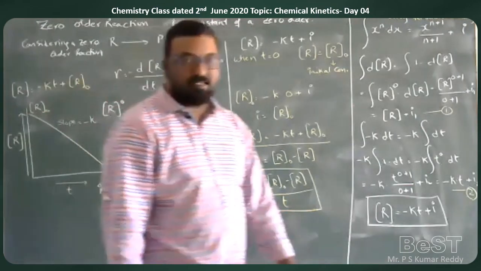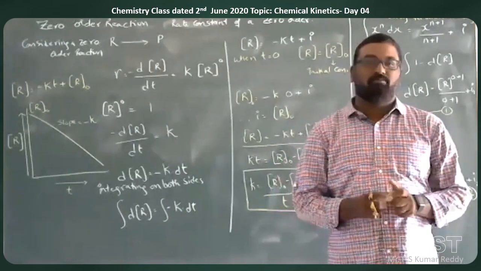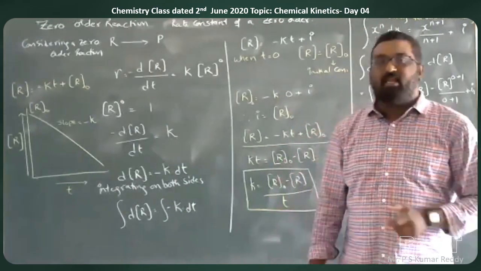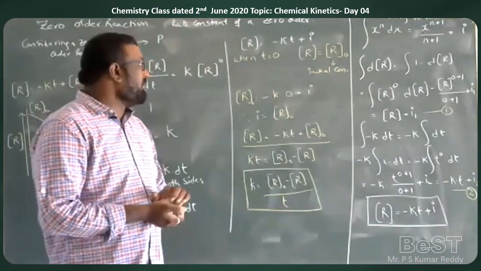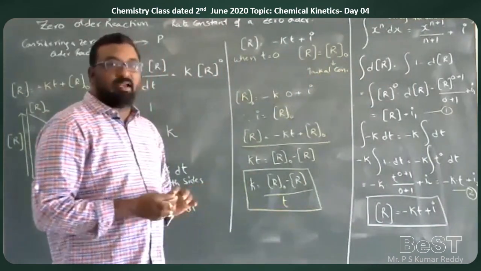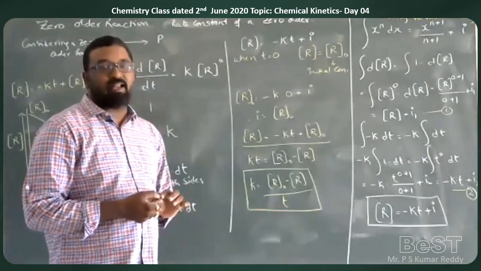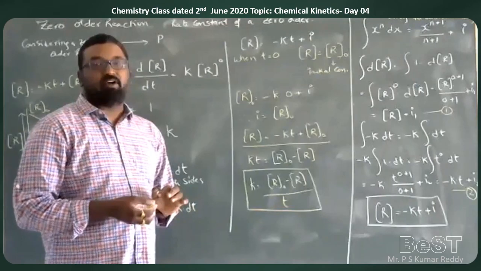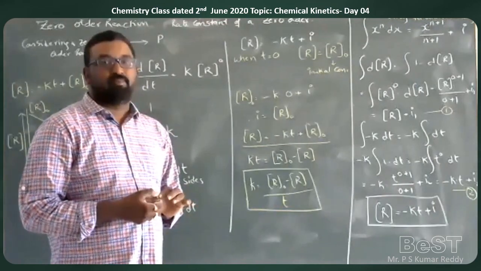The intercept is R naught. So this is a very important 3 marks question: derive an equation for the rate constant of a zero order reaction. That is the question here.